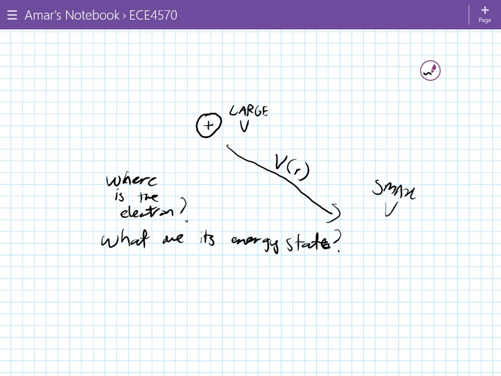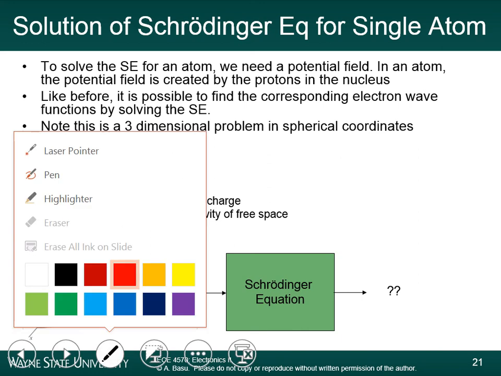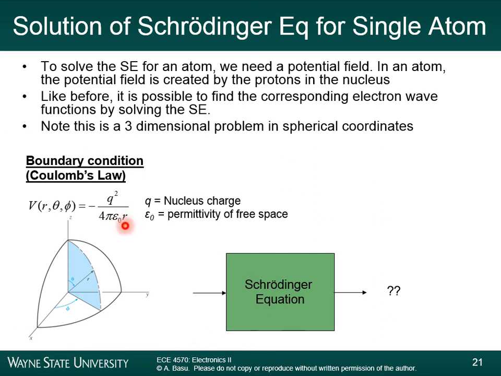So we figured out this portion of it. We figured out the electrostatic potential boundary condition. So that's this V of r here that you see on the left. The mathematical function for it is that the electrostatic potential is a function of r. You can see that the r appears in the denominator here. So at large r, the electrostatic potential quickly drops to 0. Now, if this boundary condition is plugged into the Schrödinger equation, then the answer that you get is what we see on the next slide.